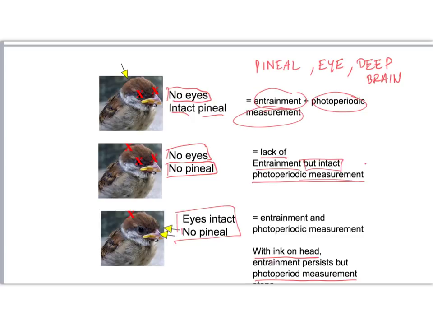So sparrows are amazing, and this is true for many birds, but interestingly, the influence of each one of these photoreceptors differs from species to species. In some species, you have more predominance of the eyes. In others, you have more predominance of the pineal, and so on.